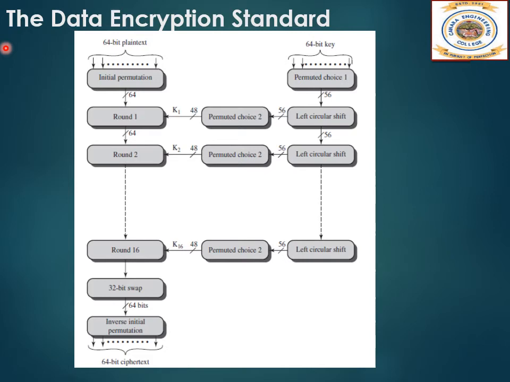The algorithm itself is referred to as the Data Encryption Algorithm, DEA. For DES, data are encrypted in 64-bit blocks using a 56-bit key. The algorithm transforms a 64-bit input in a series of steps into a 64-bit output. The same steps with the same key are used to reverse the encryption.